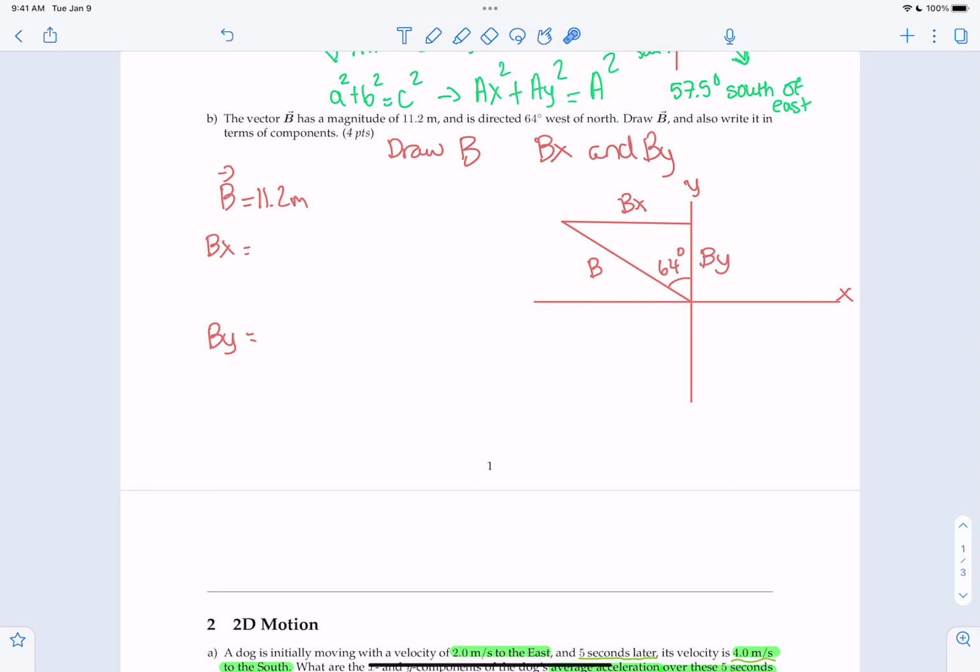So, yeah, I see what you mean. You have this angle right here, and your by is like that. You could do the 26 degrees. It'll give you the same answer. You'll be able to do the components the same way.